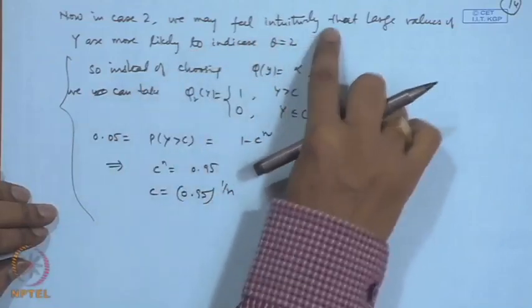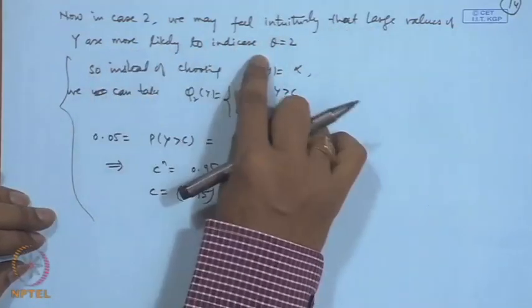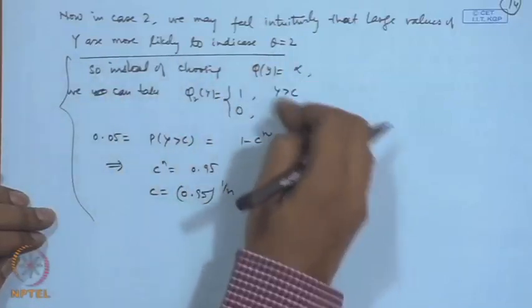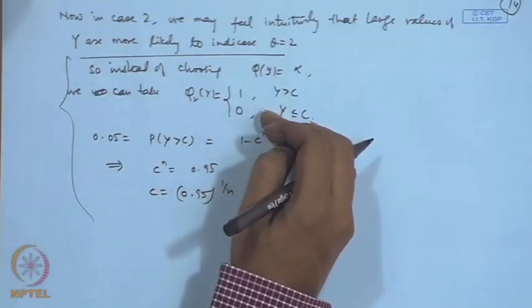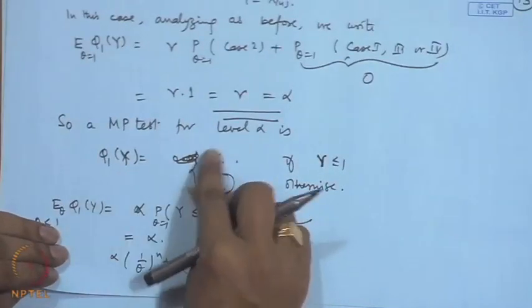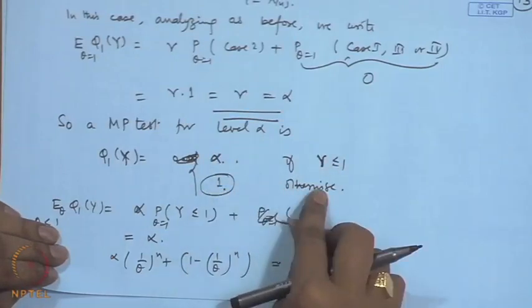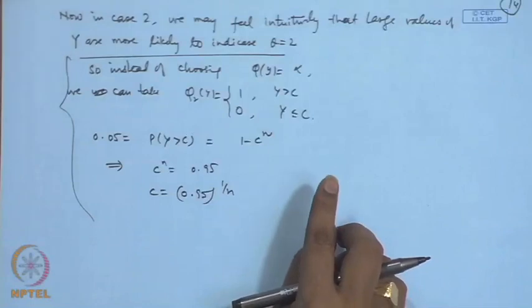Of course, this is based on the heuristic consideration that large values of Y are more likely to indicate that. So, this part is not coming from the NP lemma. In the NP lemma, if we write exactly, the test function is of this nature: phi_1(Y) equal to, say, alpha if Y is less than or equal to 1, and it is 1 otherwise. So, these are the two forms that I am considering here.